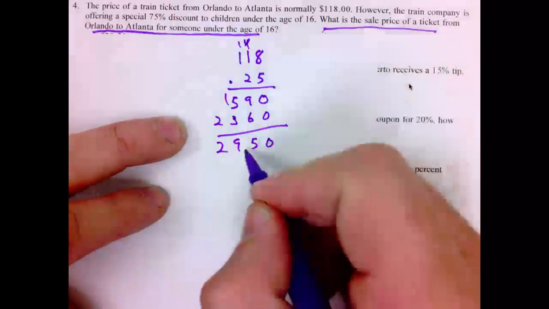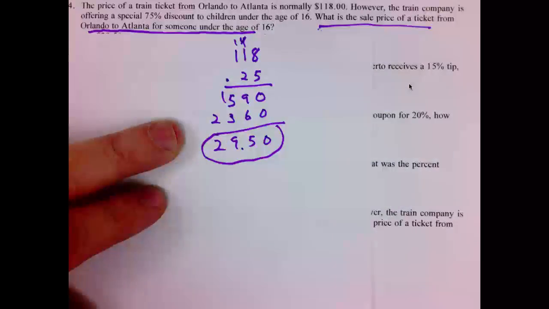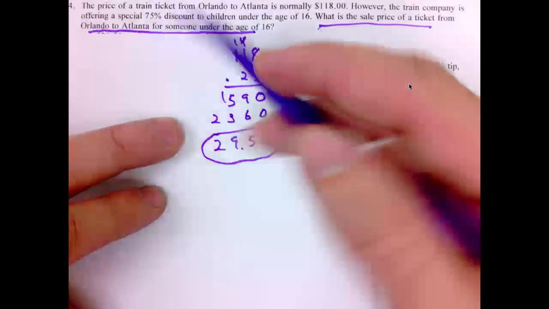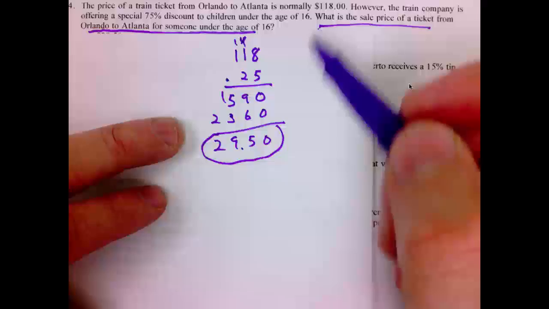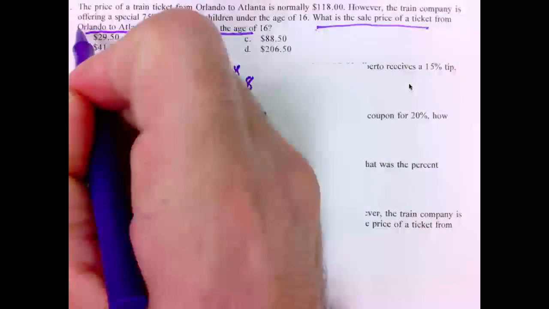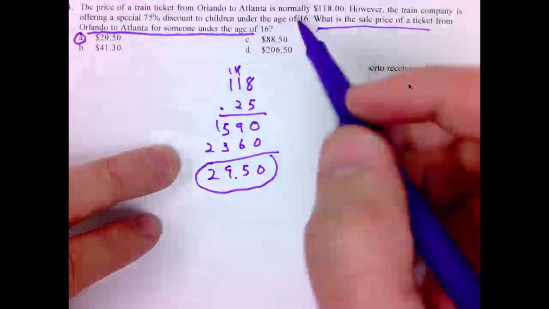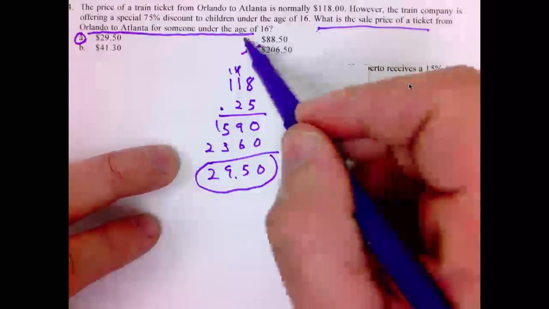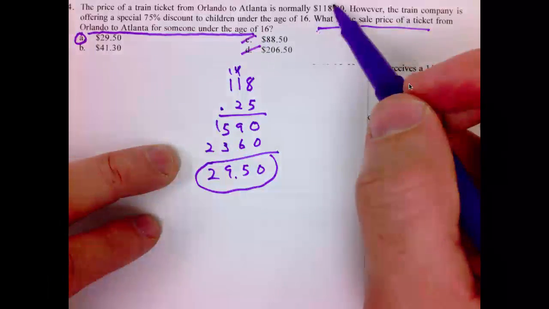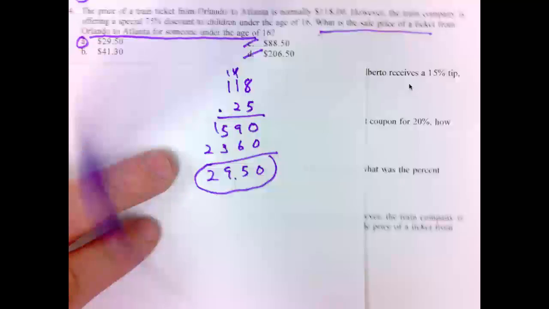And we have 2 places behind the decimal, so $29.50. That makes sense. If we have a 75% discount, it should be less than half of 118. 29.50. That's a reasonable answer. Number 4 is A. We could have certainly eliminated D and C in the beginning. We knew it was going to be much less than half. A and B were the only ones that were even in the ballpark.